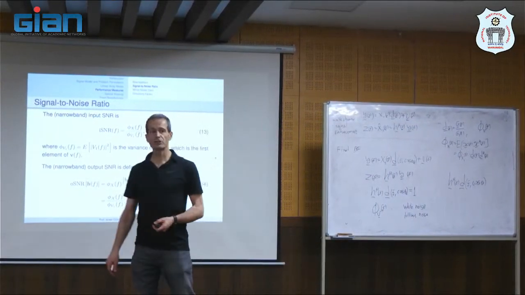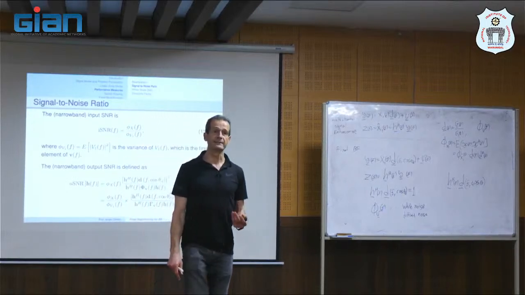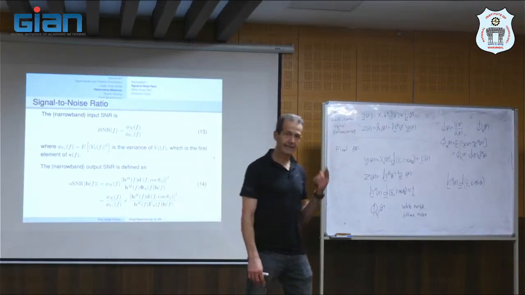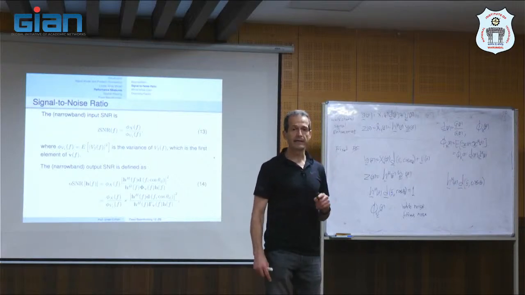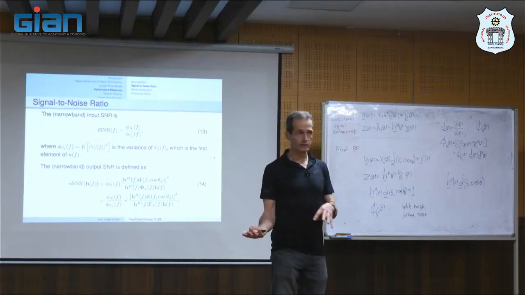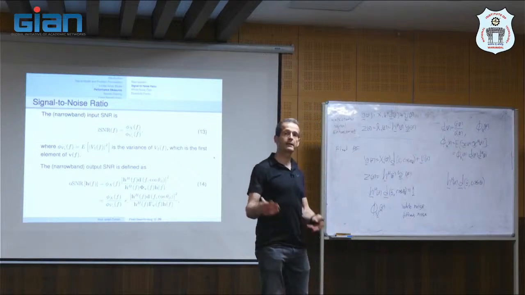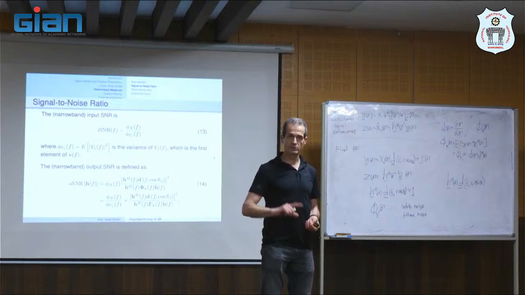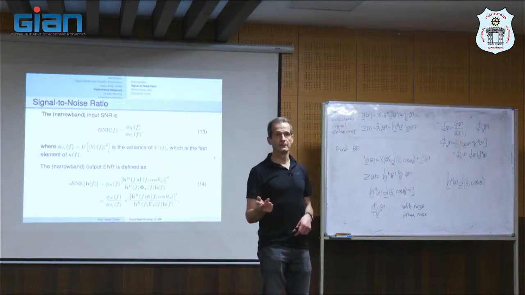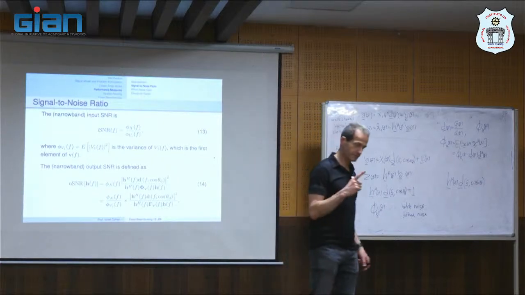Another performance measure is the gain in SNR, the array gain. Remember, what is the array gain? It is the output SNR using an array compared to the SNR using a single channel. So this is the array gain, the improvement in SNR.